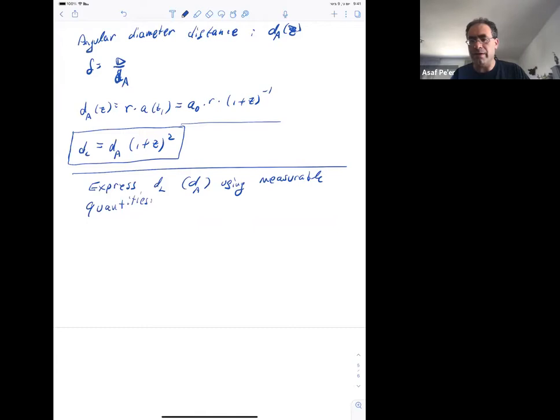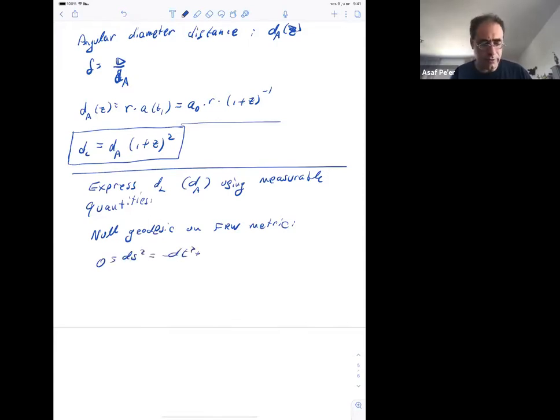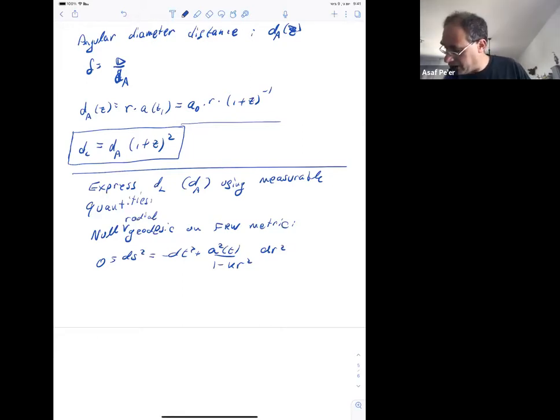So we start from the FRW metric on a radial geodesic. Zero is ds squared, which is minus dt squared plus a squared of t divided by 1 minus k r squared dr squared. I omitted the omega.